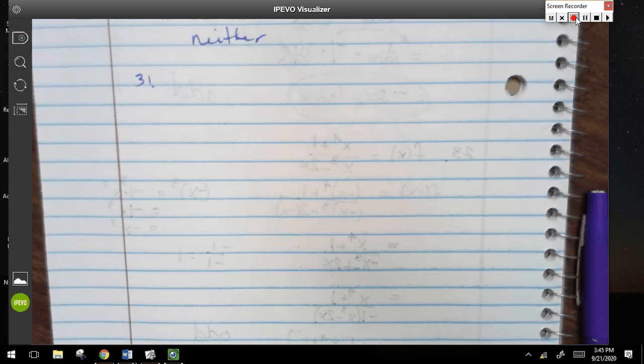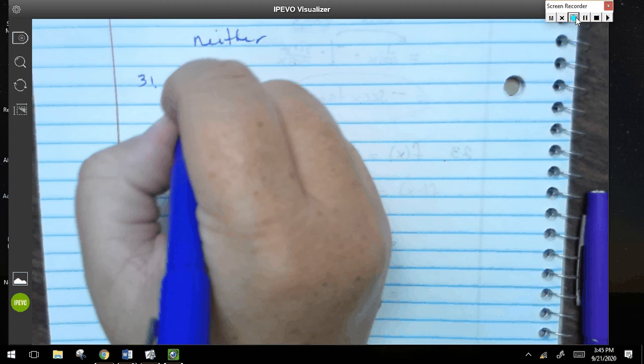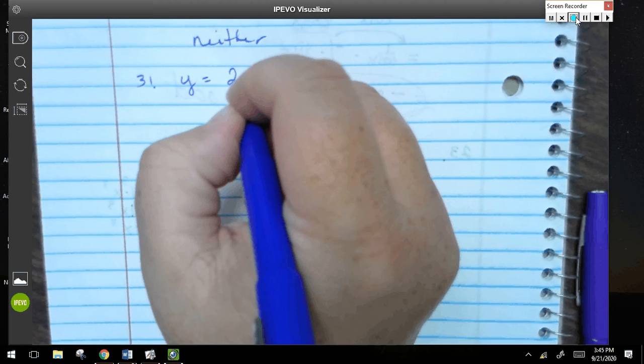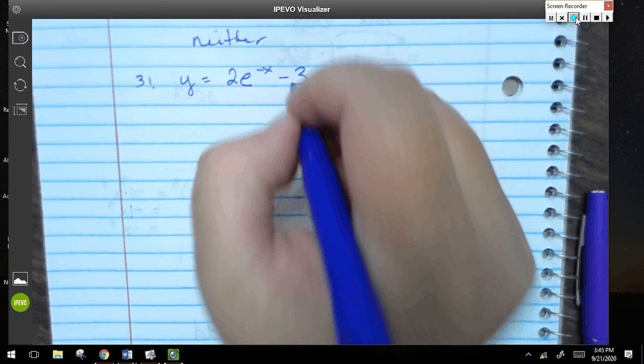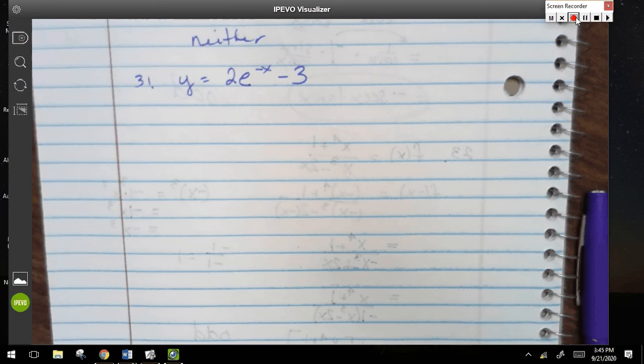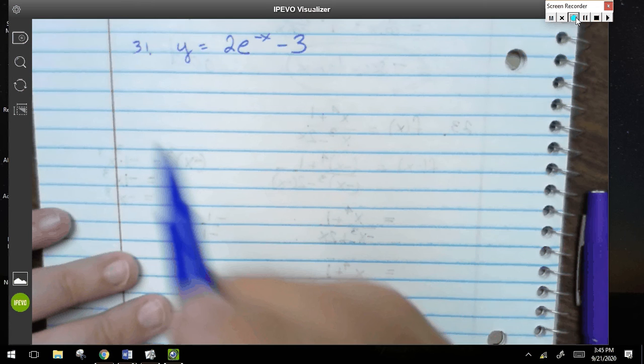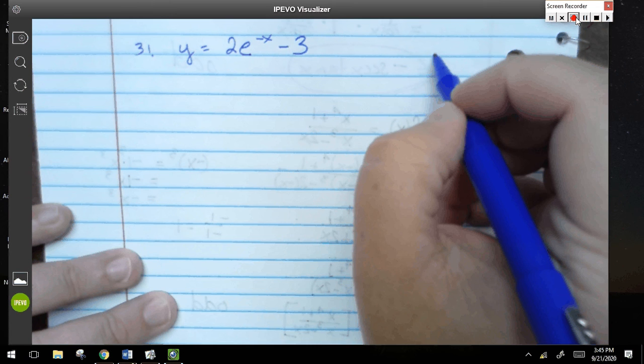So instead of being growth, it's going to come down and be decay. All right, still, the domain of the parent is negative infinity to infinity, and my range is from 0 to infinity. But let's do everything else here, the transformations that are happening in this function.